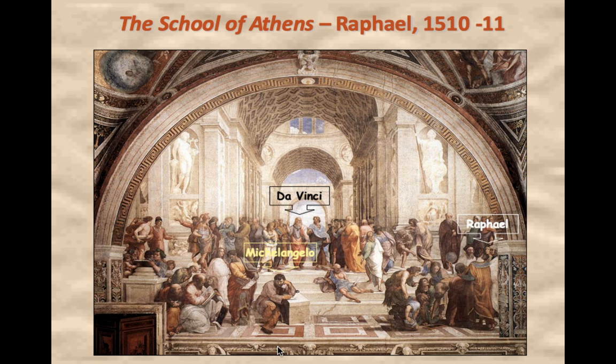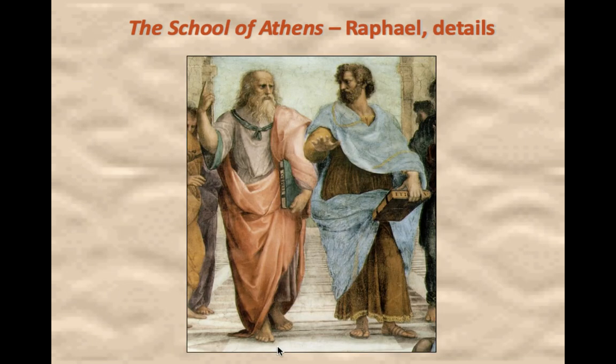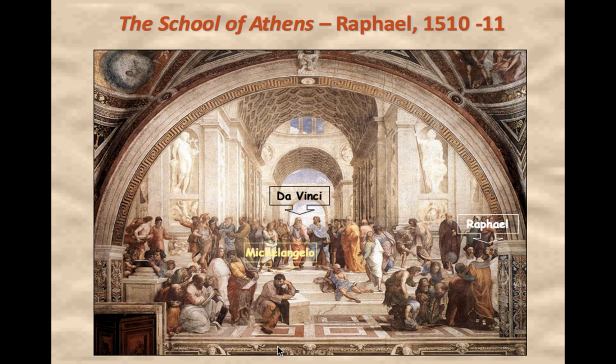We feel like we're looking into something, and there are a gazillion. I just have three, but there are a gazillion people represented in that painting from the Renaissance. It's called the School of Athens, and we can see again and again, look at the light color.